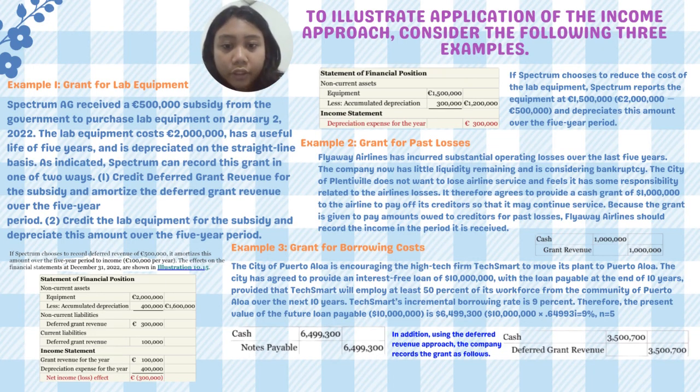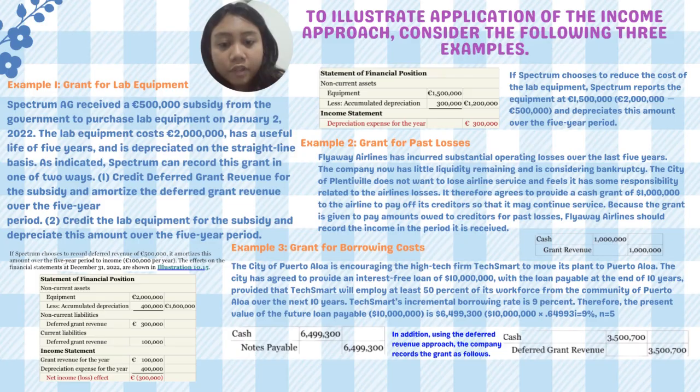The effect on the financial statement at December 31st, 2022 are shown in this table. So this is the statement of financial position: current asset equipment less accumulated depreciation, and then non-current liabilities, deferred grant revenue.